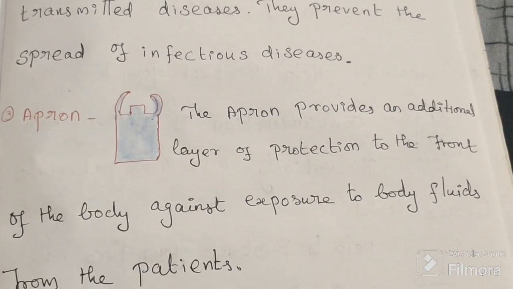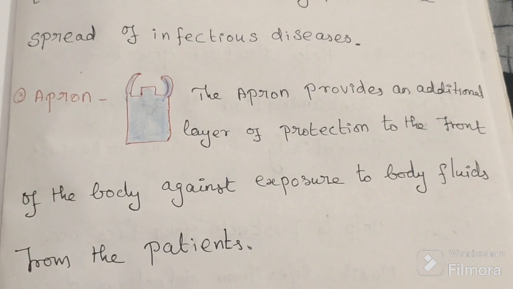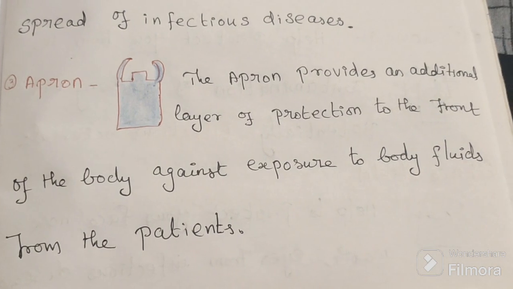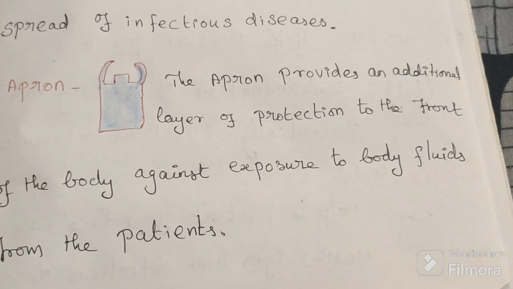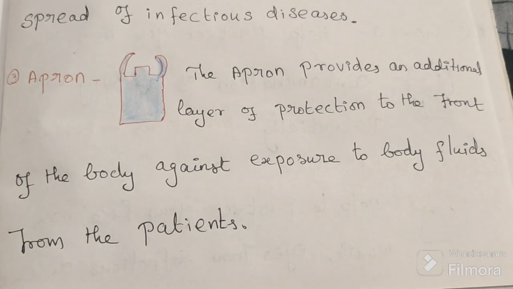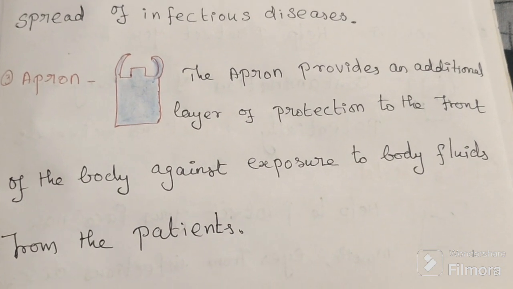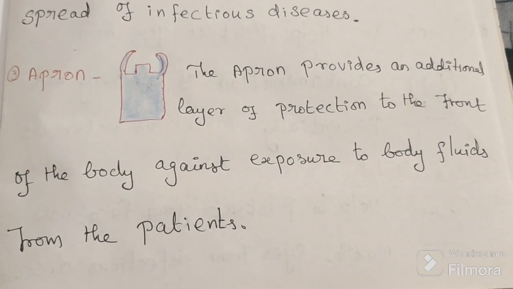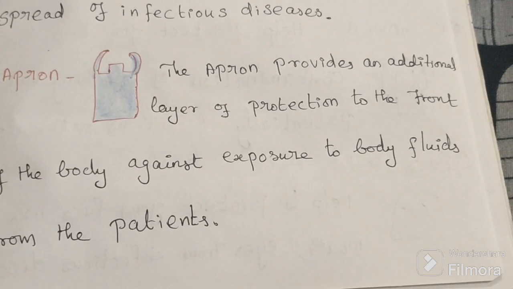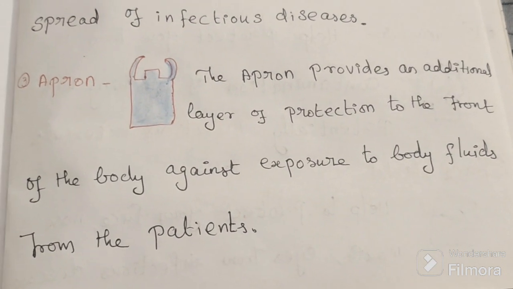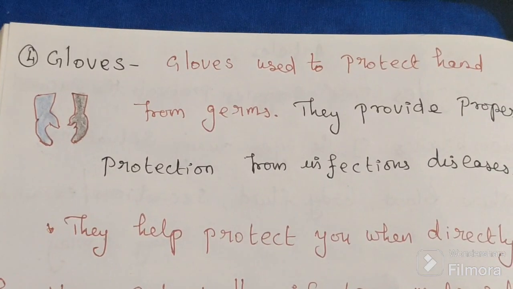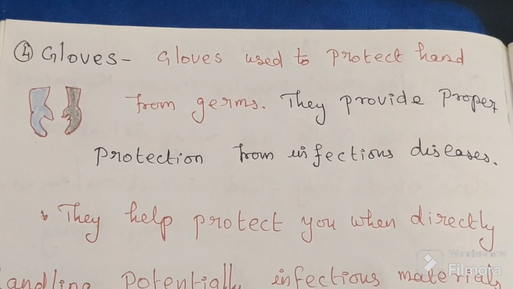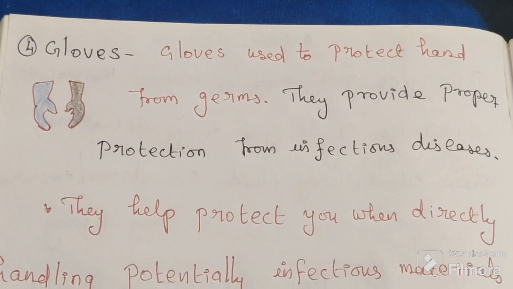Then the apron provides an additional layer of protection to the front of the body against exposure to body fluids from the patient. Next, gloves are used to protect hands from germs.